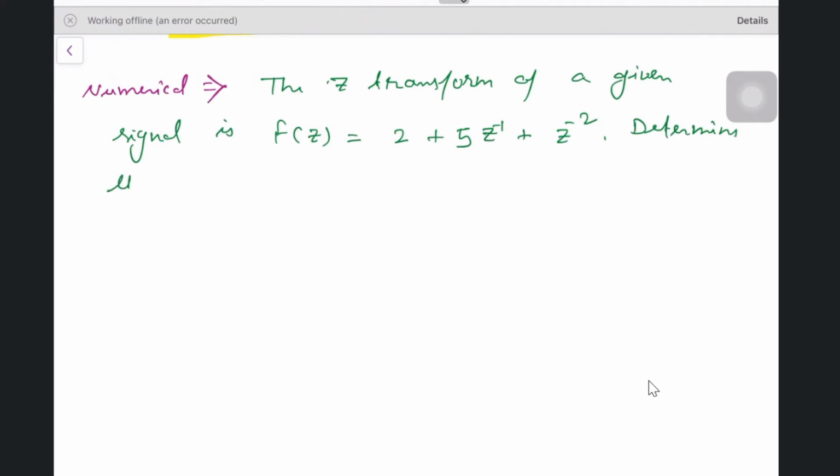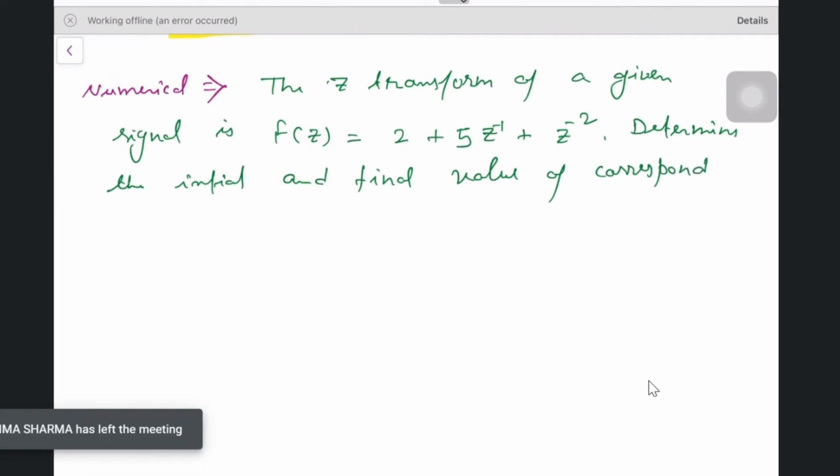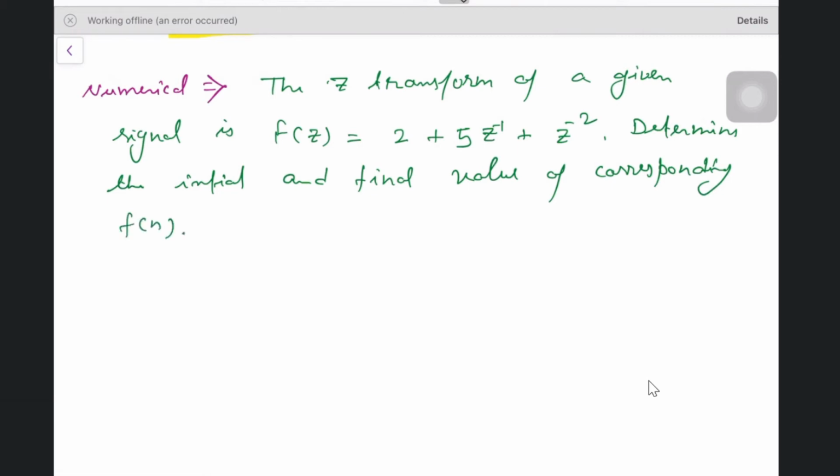Okay, fn is your discrete time signal. Now let's discuss the solution.